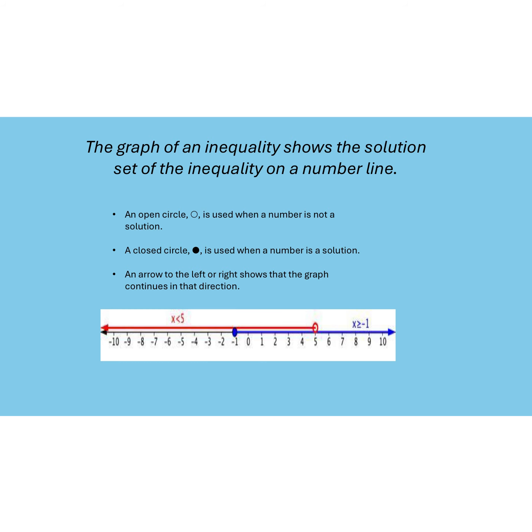The graph of an inequality shows the solution set of the inequality on a number line. Okay, an open circle means what? Who can tell me what an open circle is? Yes, Miller.